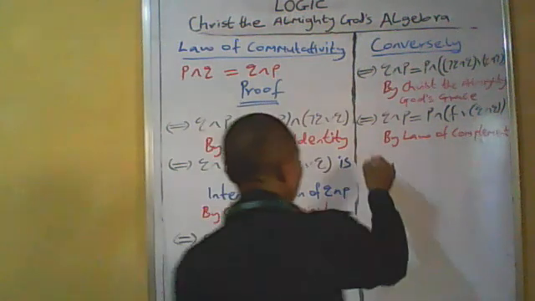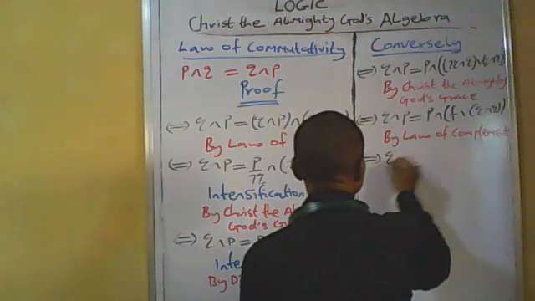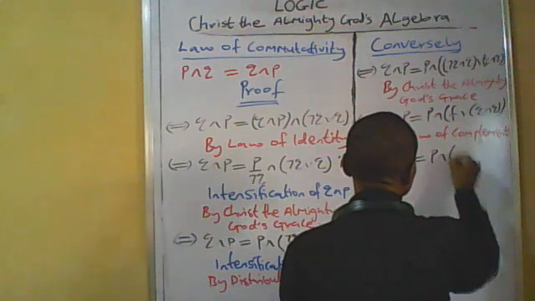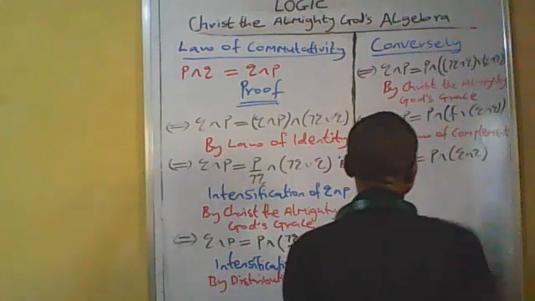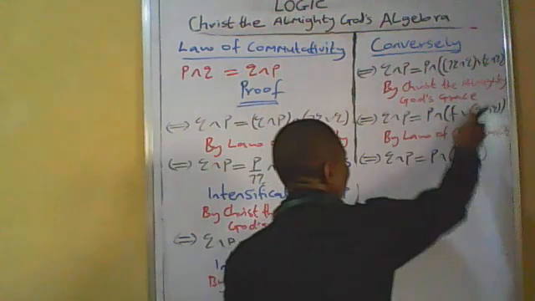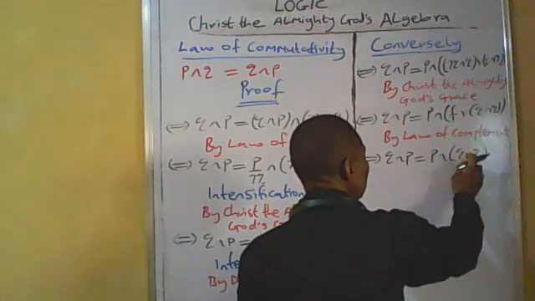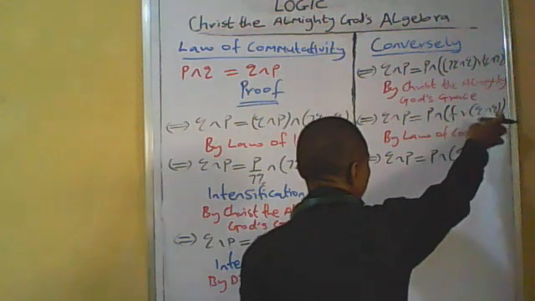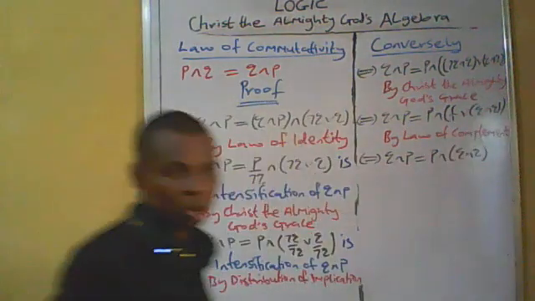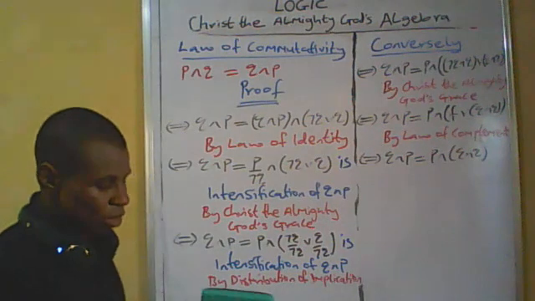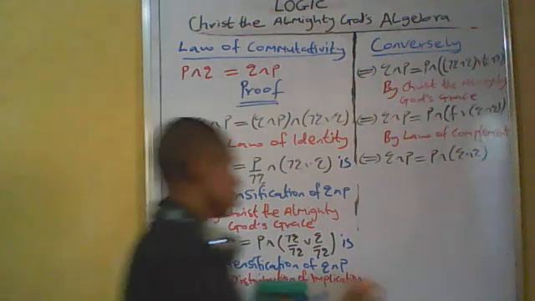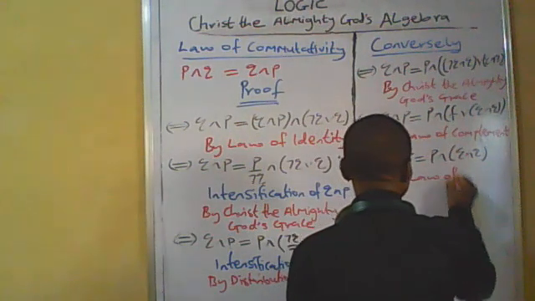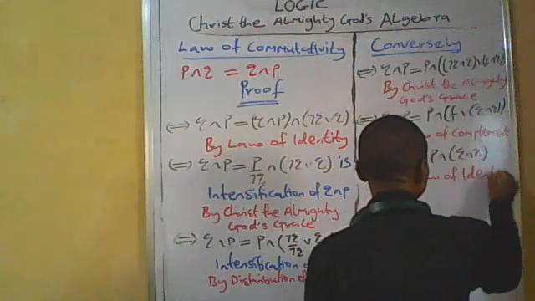Say if and only if Q and P is equal to P and bracket Q and Q. You see that this F or bracket Q and Q is substituted with Q and Q, because F or anything is always that thing. So being justified by law of identity.